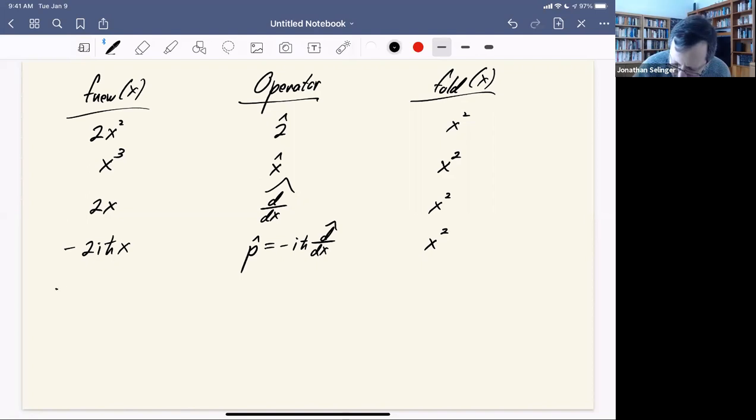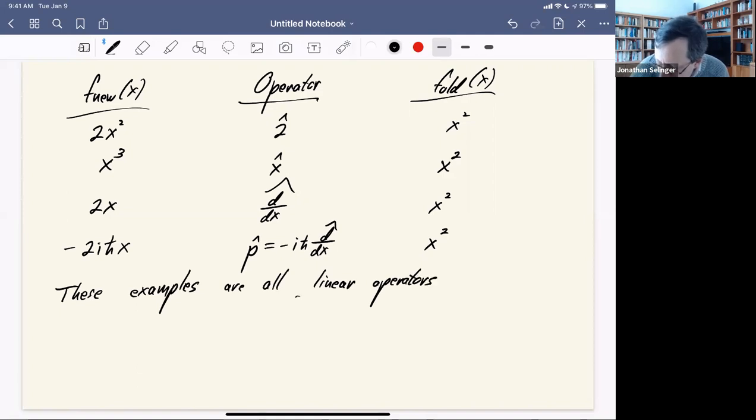I should emphasize that these examples are all linear operators. A linear operator is an operator that satisfies two criteria.